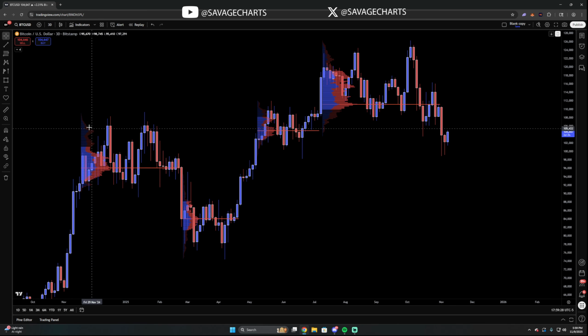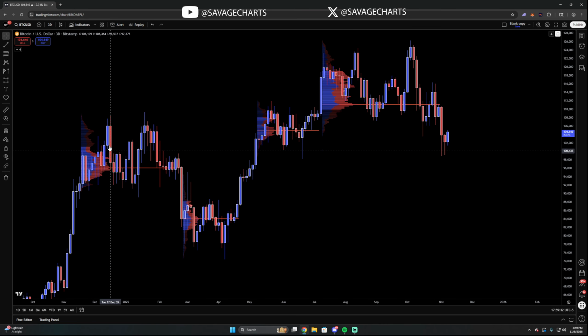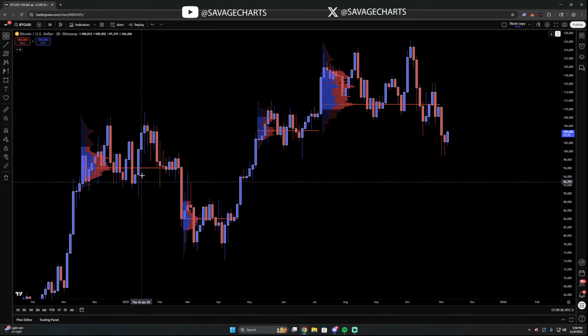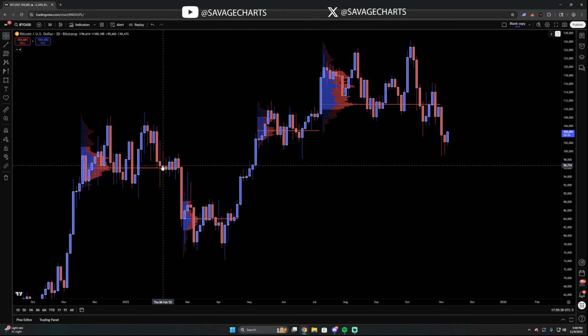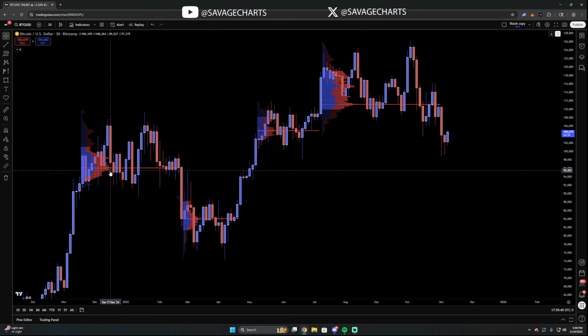And now you're going to see each one of these nodes represents price action and volume. What's nice about this volume profile is that you can see where we spent the most time, where the most volume is, which would be the most liquidity in these little ranges.